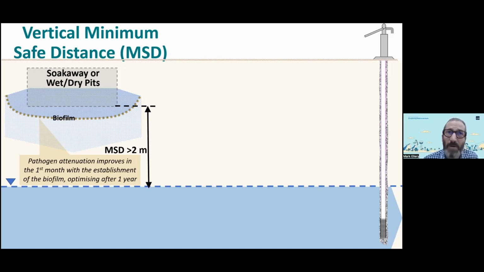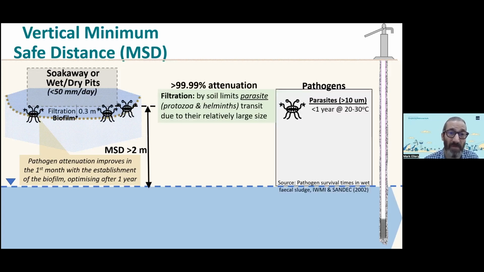The biofilm over the course of the first month will establish and is incredibly efficient at attenuating pathogens. While it slows down how fast the liquid will penetrate into the soil, it does facilitate an extremely efficient set of biological processes for neutralizing pathogens.